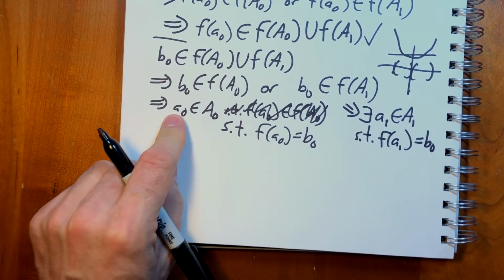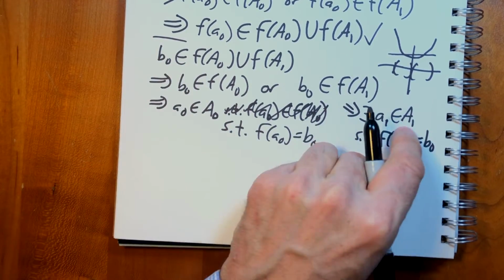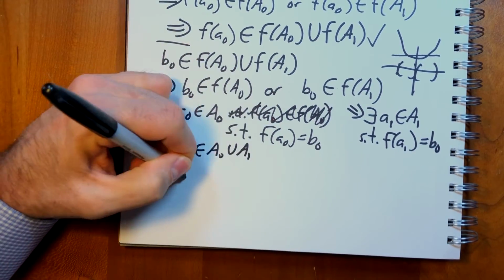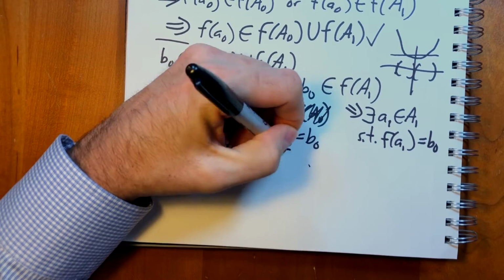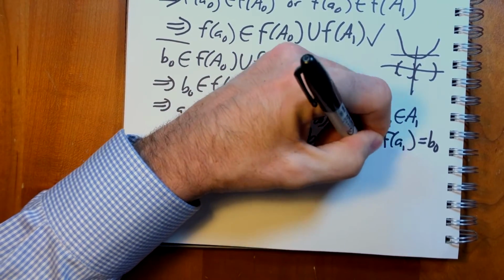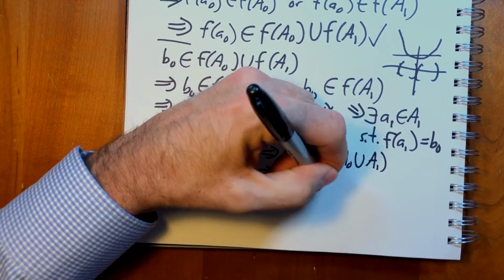However, both a0 and a1 are elements of A0 union A1. That means that f of a0 is an element of the image of A0 union A1, and f of a1 is an element.